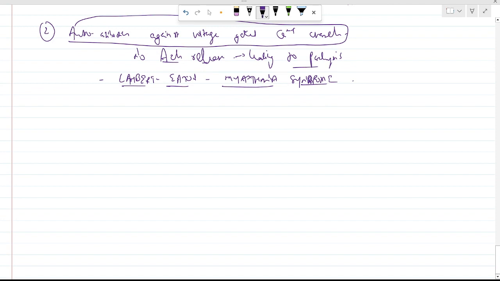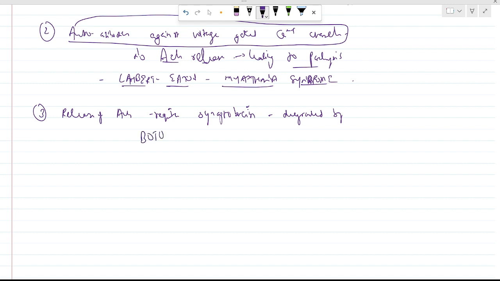Third information we need to see is this release of acetylcholine. This requires a protein called synaptobrevin, which is degraded by this toxin, very commonly known botulinum toxin, called Botox.